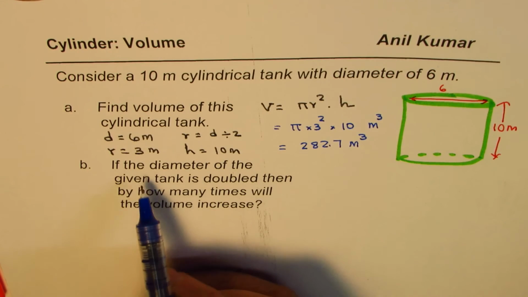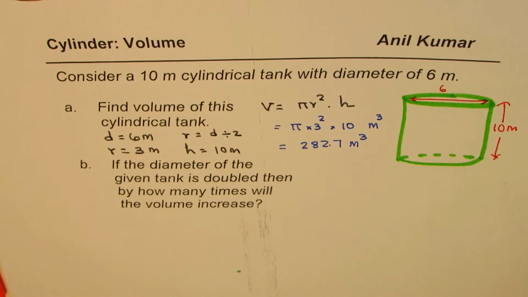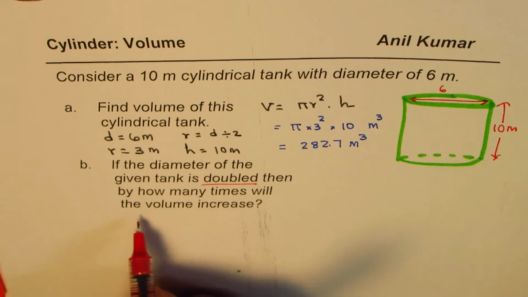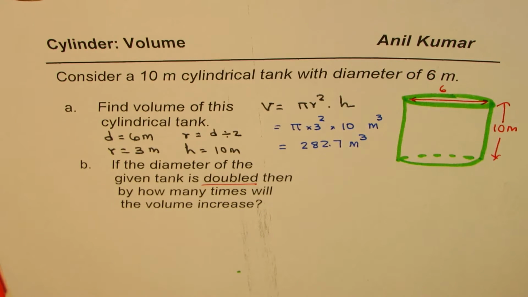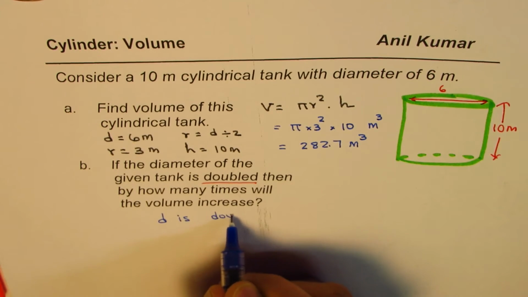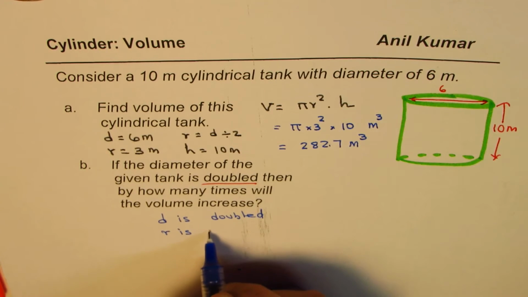Now the question is, if the diameter of this tank is doubled, how many times will the volume increase? Can you answer this question? If diameter is doubled, then radius is also doubled, right?